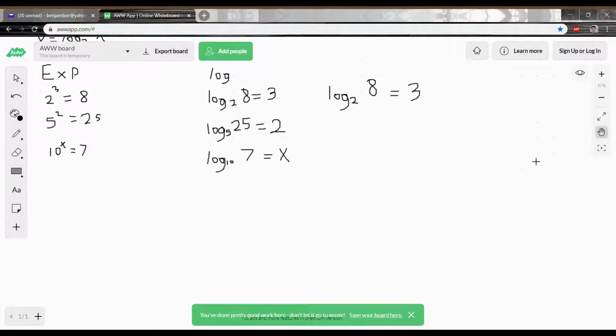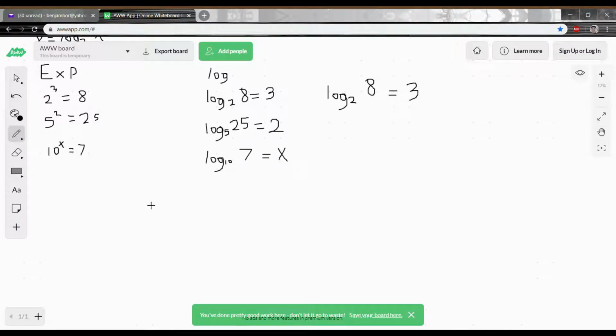We can also go the other way. For example, if we had the logarithmic form log base 4 of 64 equal to 3, and we want to write that in exponential form, let's just identify what we have. So our logarithm has a base of 4. That means our exponential function is going to have a base of 4.